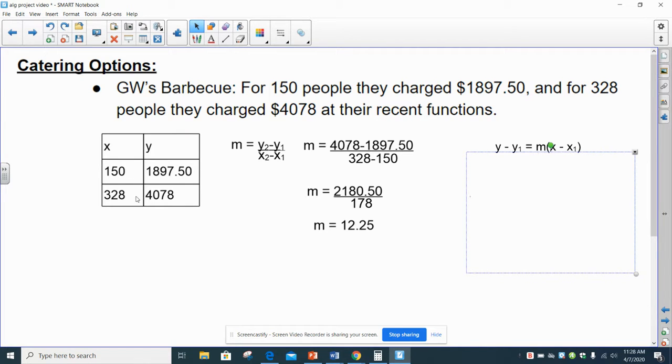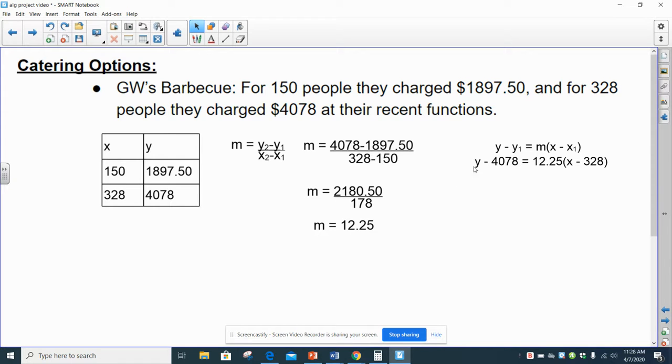I'm going to choose the second one here simply because it has all whole numbers and I don't want to deal with my decimal. Okay, so when I plug in, here is the y, y1, I chose this one as 4078 equals m, the slope that we just found, times x minus 328, the x1 right here.